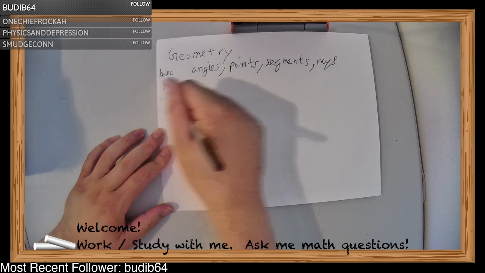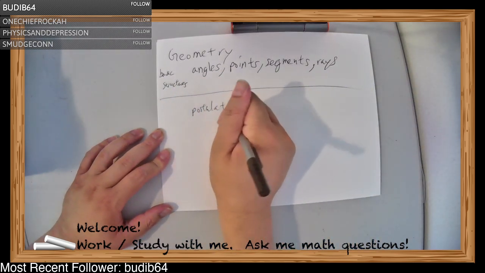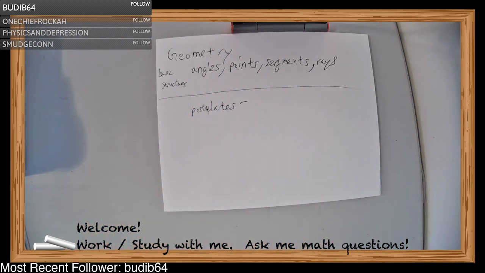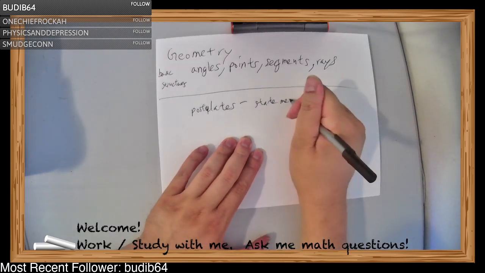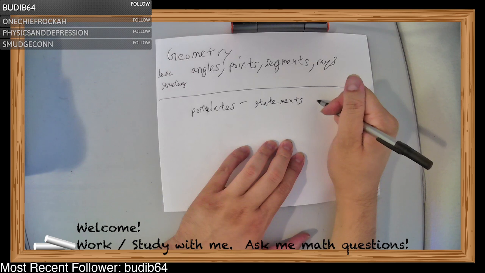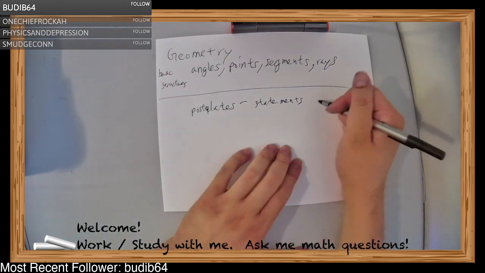The logic starts out with postulates, which are basically statements that we agree to be true. Hold on a second. Statements agreed to be true.